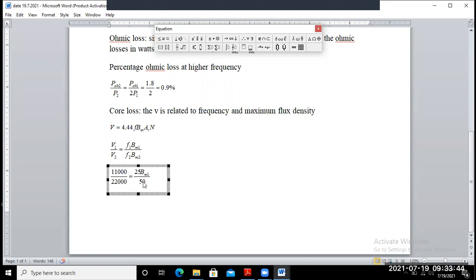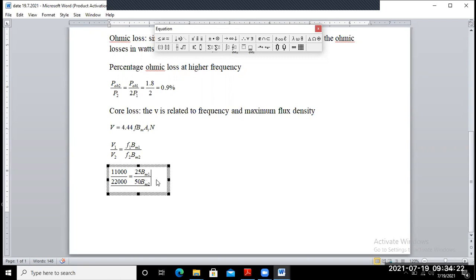So 11,000 divided by 22,000 equals 25 Bm1 divided by 50 Bm2. The left side becomes 1 by 2, and the right side also becomes 1 by 2, so they cancel out.